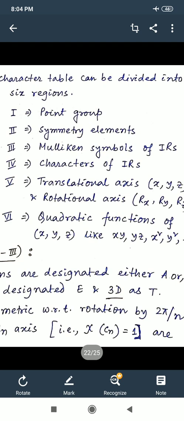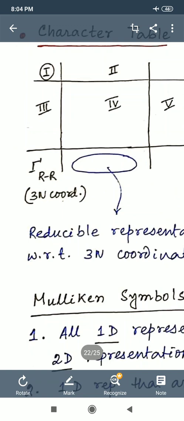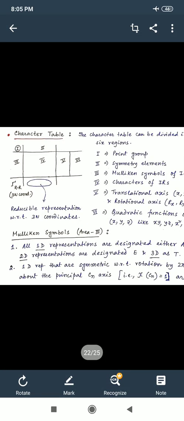Next, in region number 2, we write the symmetry elements. For C2V we write E, C2Z, sigma xz and sigma yz.